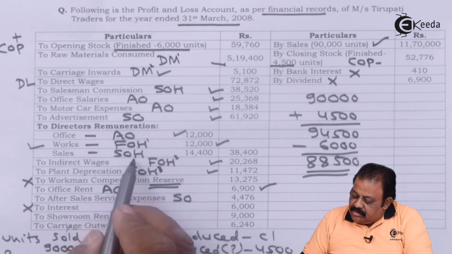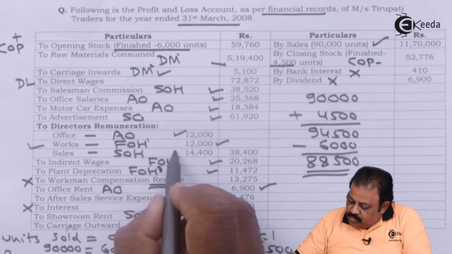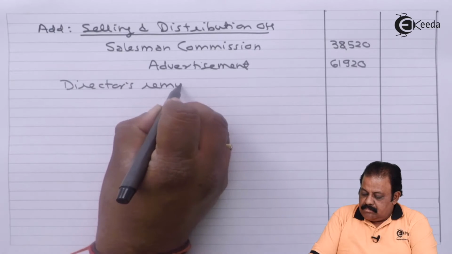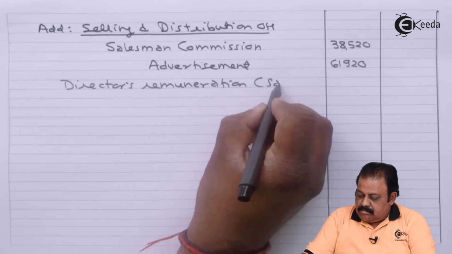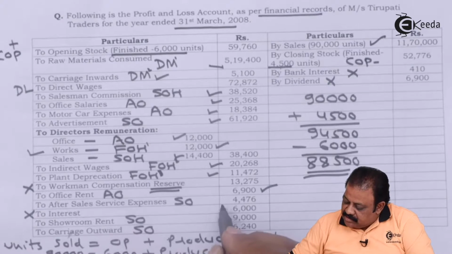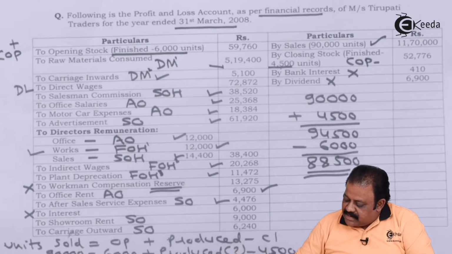Directors remuneration, selling overheads 14,400. After sales service expenses 4,476.